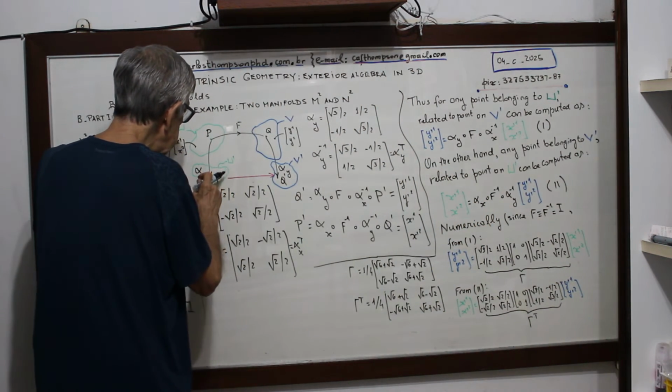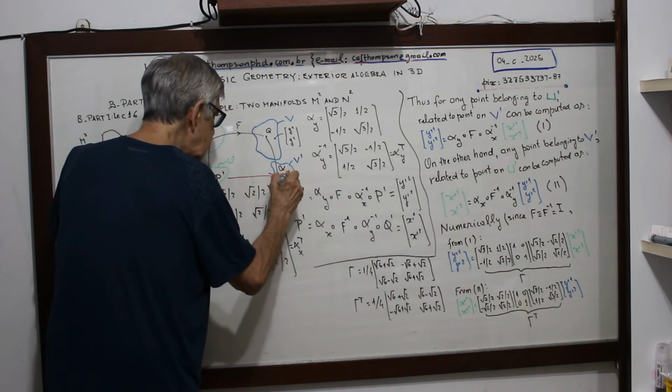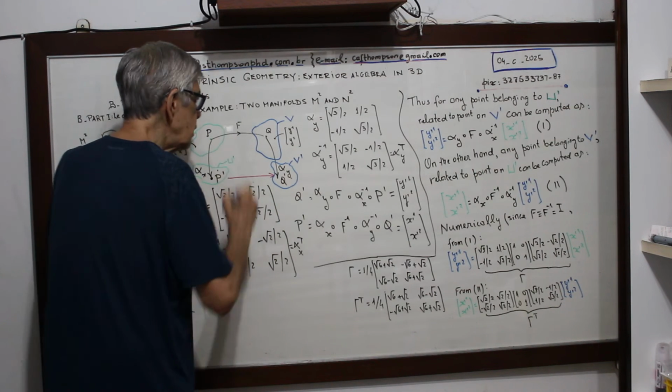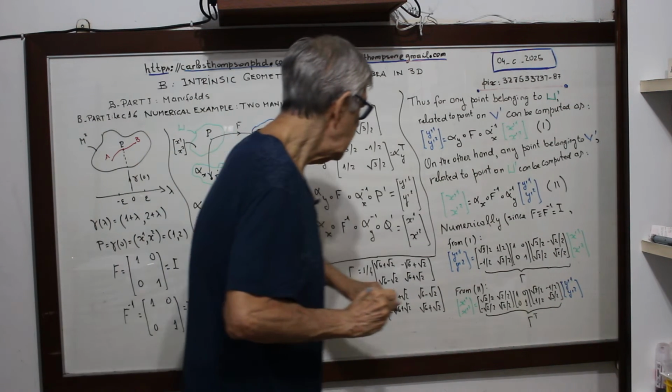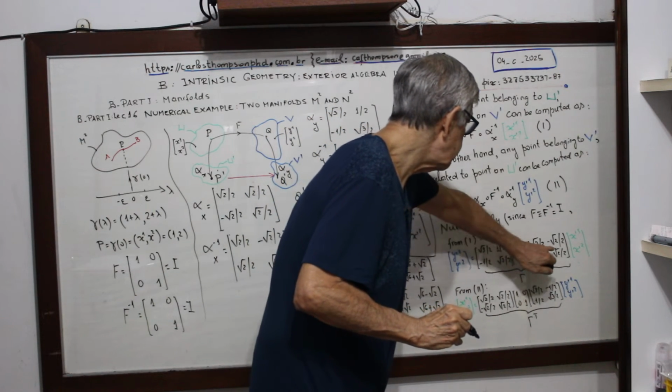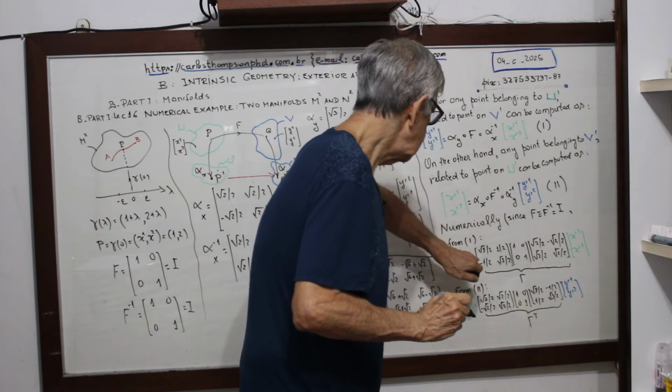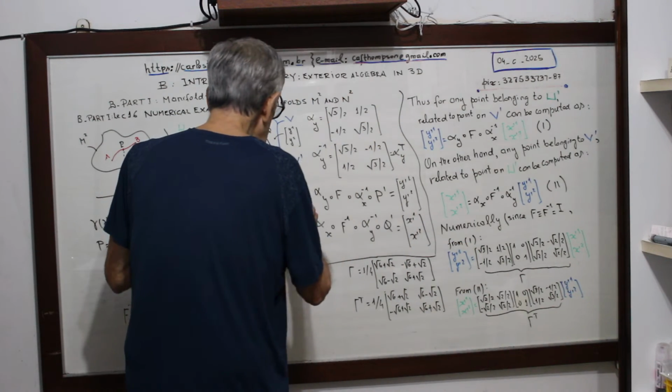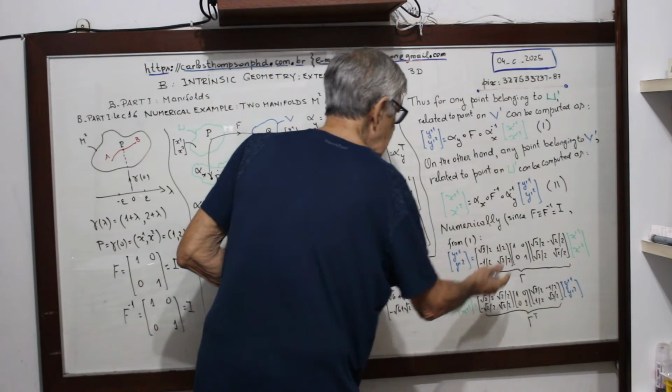You take any point here, any point there. Then I calculate only this composition over here. You just look at here and substitute there.